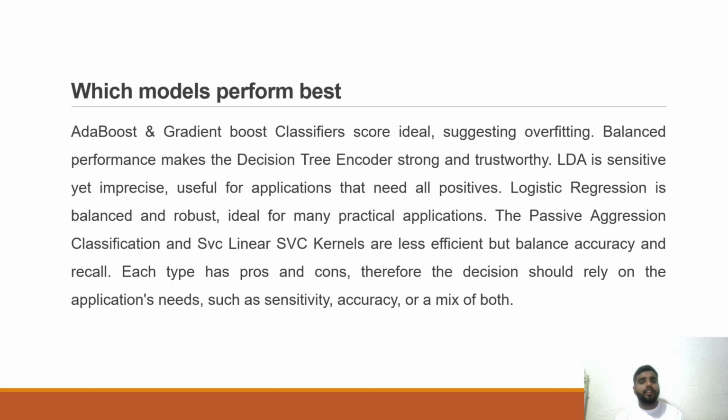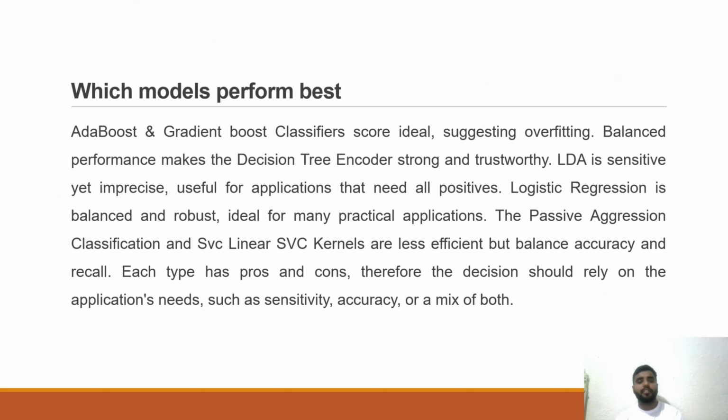AdaBoost and gradient boost classifiers score ideally, though they suggest overfitting. The decision tree offers balanced performance, making it strong and trustworthy. LDA is sensitive yet imprecise, useful for applications that need high sensitivity.